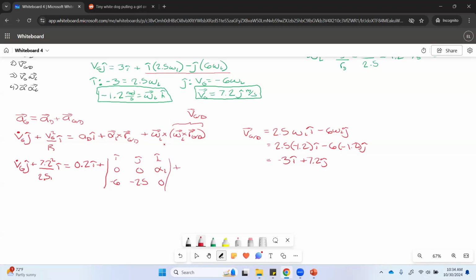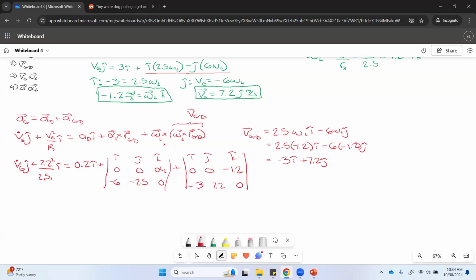Okay, so then add the next cross product, I, J, K, and here we'll have 0, 0, and now we know omega was negative 1.2, and then the X and Y components from VG with respect to D, negative 3, 7.2, and 0.